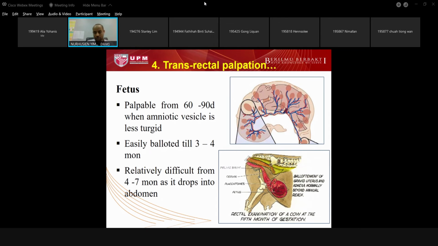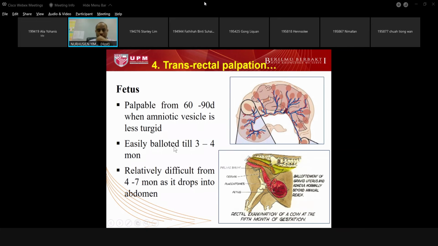Even if you do ballottement and palpation, you may not be able to appreciate it. But around day 60, the tension on the wall of the fetal membrane tends to reduce, meaning it becomes flexible. So when you do ballottement or palpation, you can easily reach the fetus and appreciate it within the fetal membrane. This is the best time to appreciate the fetus.